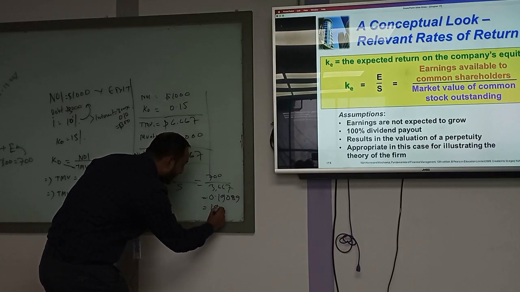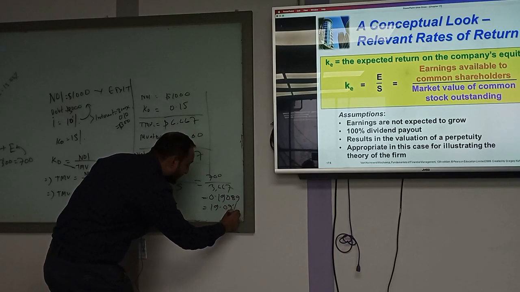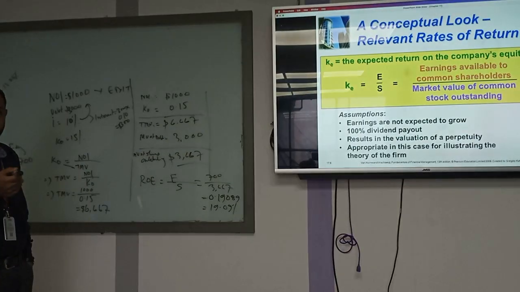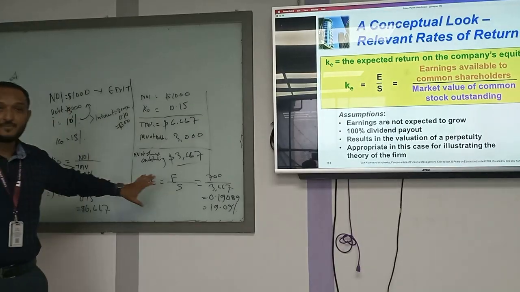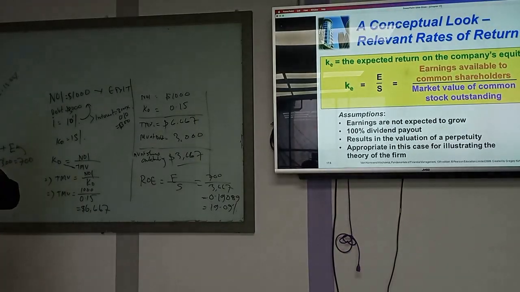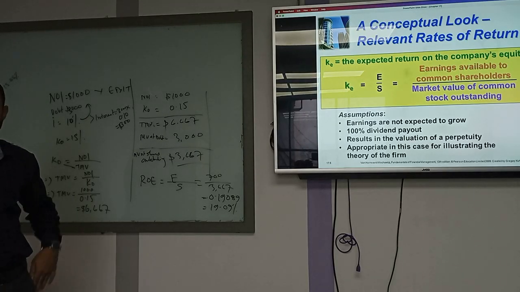So I can write 19.09%. আরো একটা করবেন to verify that is right. 19.09%, তার মানে আমার ইকুইটি এবং বন্ড স্ট্রাকচারে through the changes in my capital structure the ROE has increased. So আমার জন্য এখন কোন ক্যাপিটাল স্ট্রাকচারটা ভালো? Which capital structure is better for me?